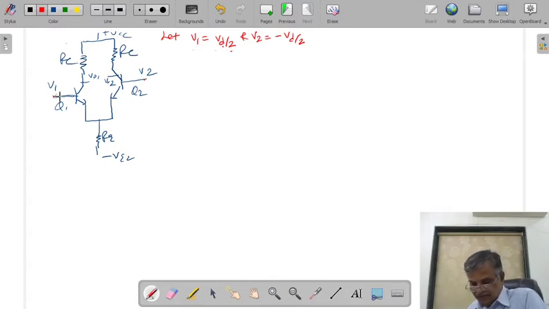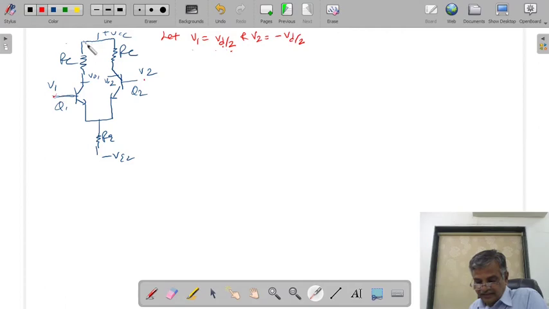Here some small signal you applied, so it increases by some value, and this signal is reduced by the same amount. When this voltage increases, at this time this voltage decreases according to this equation. There is a minus sign. When this increases, at the same time this is decreasing.